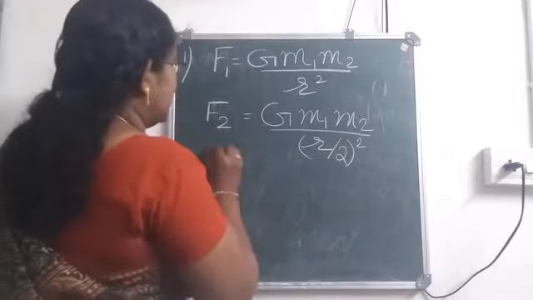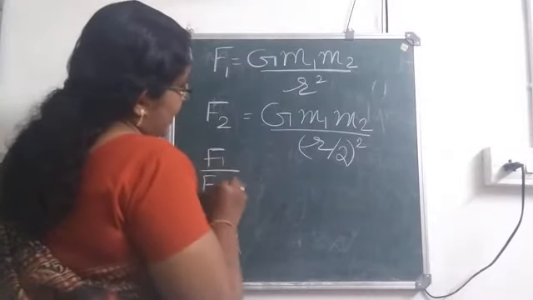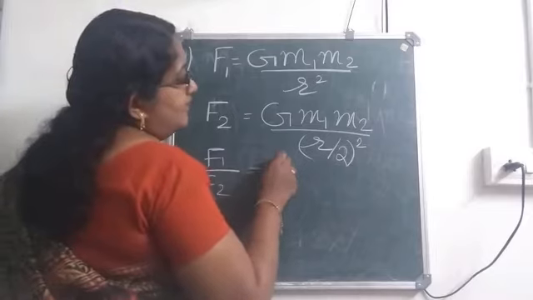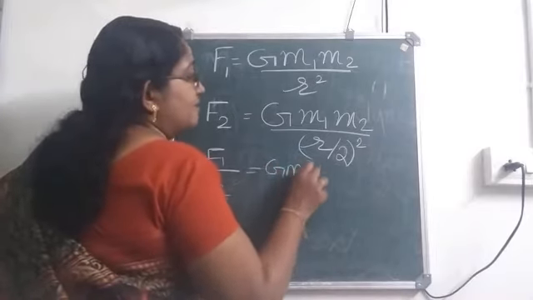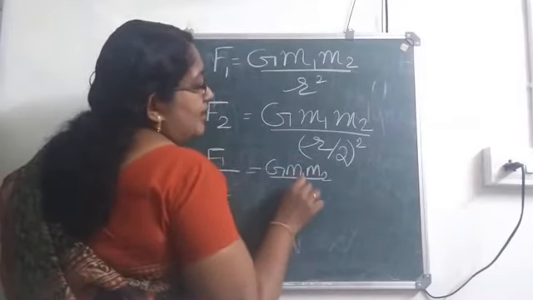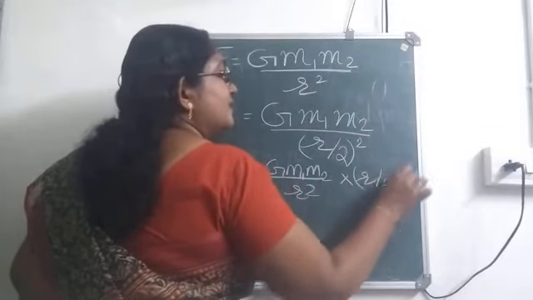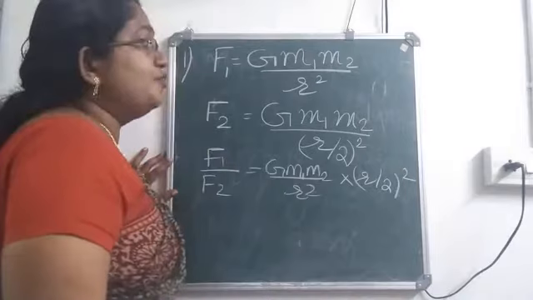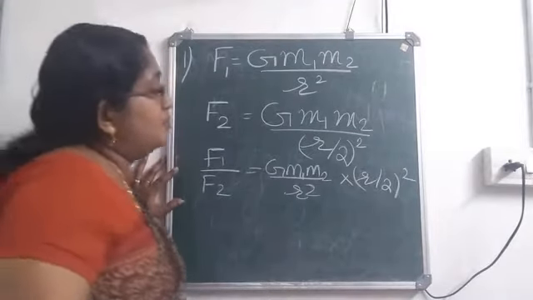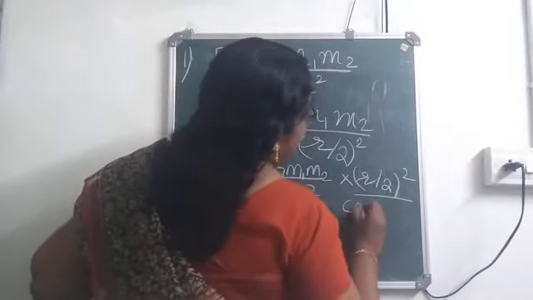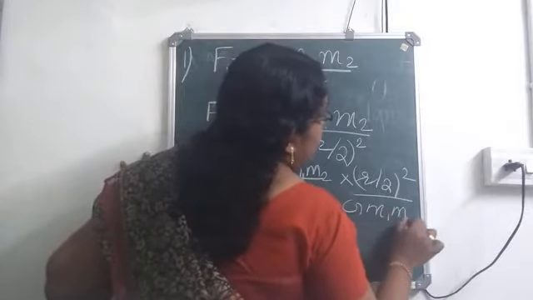Now what is the next step? We have to divide, isn't it? F1 by F2 is equal to G M1 M2 by R square into, I am taking the reciprocal since we are having fractions in the numerator and denominator, by G M1 M2.